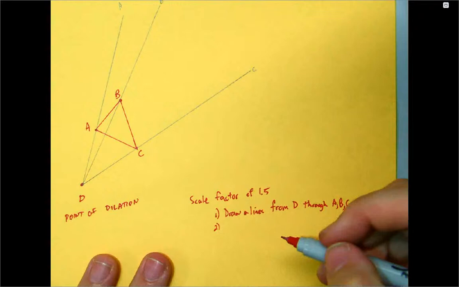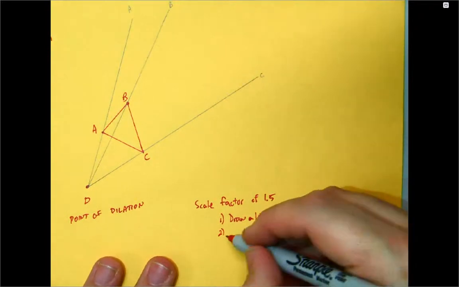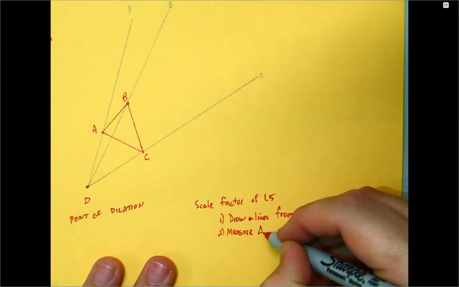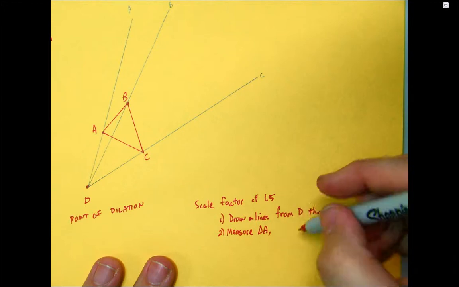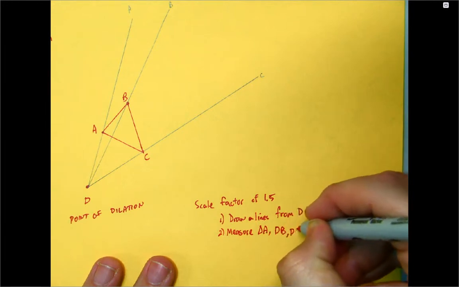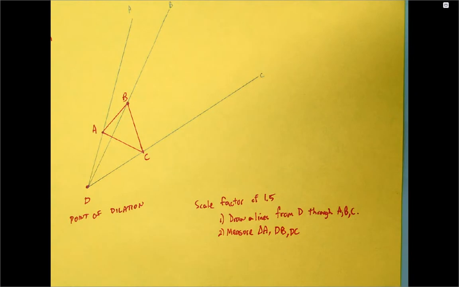Second thing you want to do, you want to measure DA, DB, and DC. So we need to get some type of a measurement with each one of those.